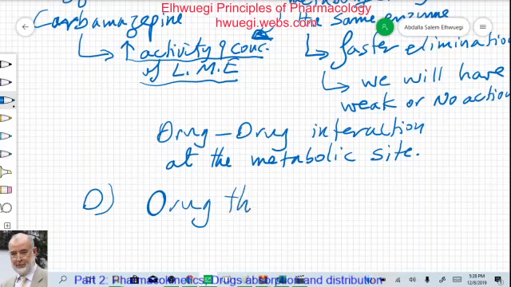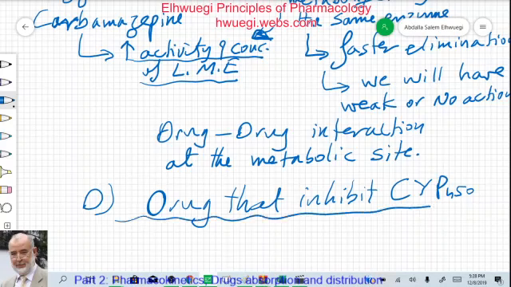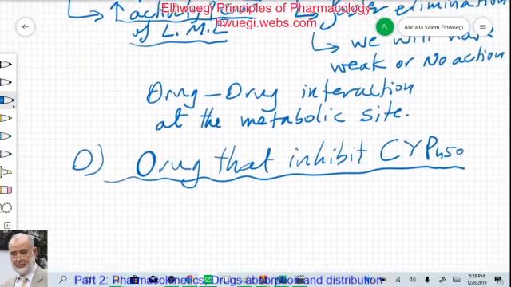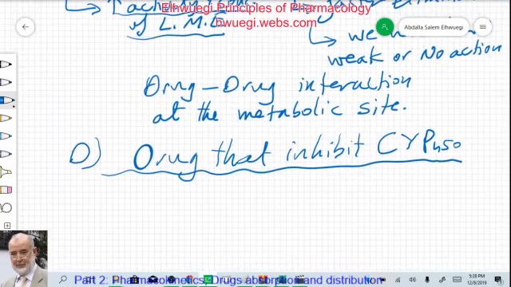that inhibit liver microsomal enzyme, inhibit cytochrome P450. There are many drugs which have the ability to inhibit a liver microsomal enzyme or cytochrome P450. There are many examples.